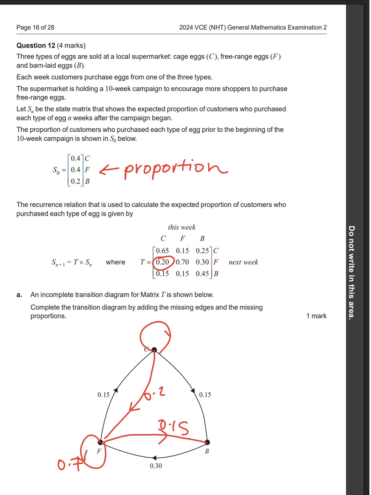C to C is 0.65. And then we need B to B, which is 0.45. And we need B to C, which is 0.25. Okay, so the diagram is completed.